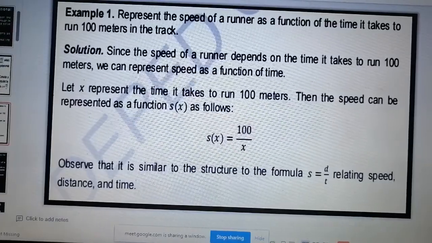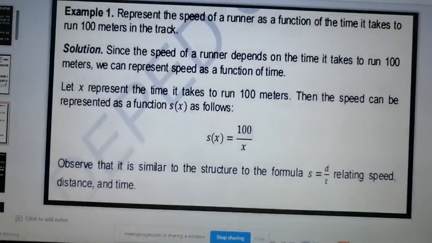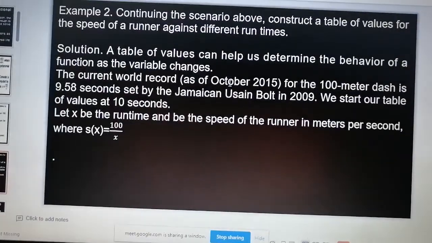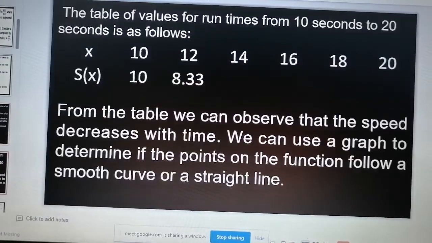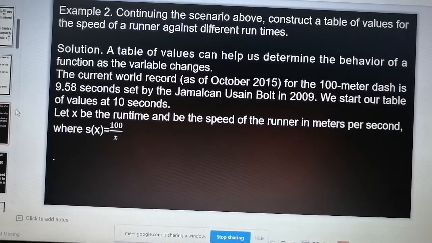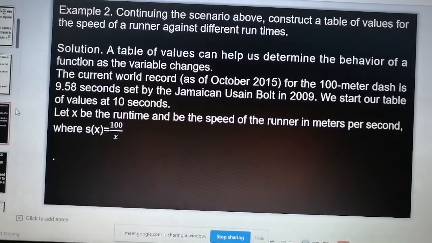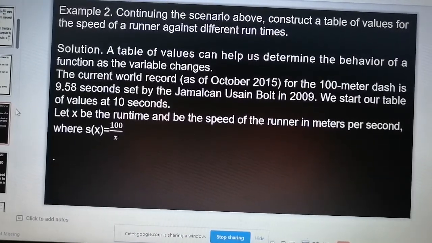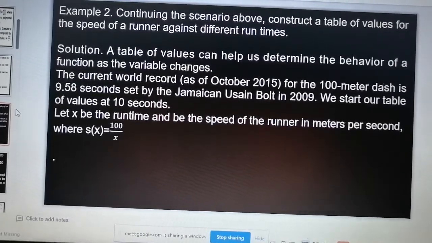Okay, next tayo. Example number 2, fix na yung given na 100 meters. Tandaan nyo kasi may sasagutan tayo dito. Example number 2, continuing the scenario above, construct the table of values for the speed of the runner against different run times.